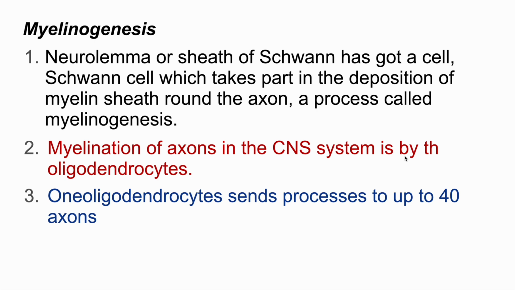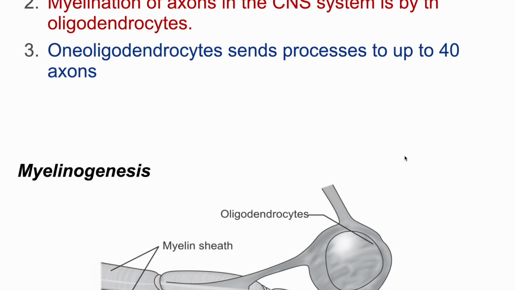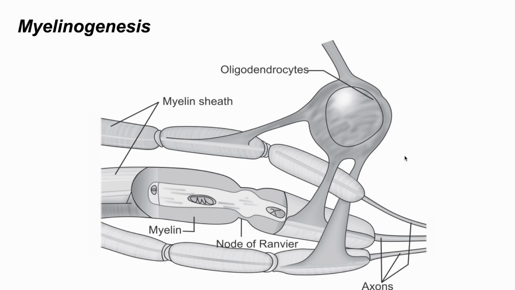Oligodendrocytes send processes to up to 40 axons in the CNS. Here myelinogenesis occurs in this fashion. This is a myelinocyte, and myelination is taking place around the axon. This empty area where myelin sheath is absent is called the node of Ranvier.